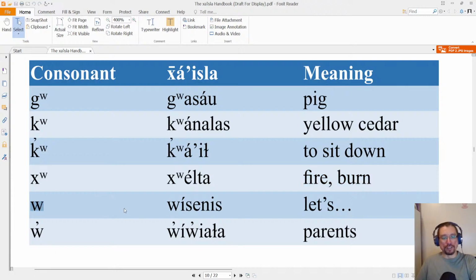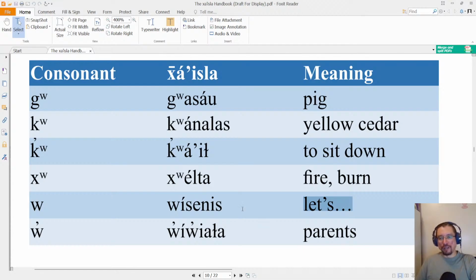Then we have a regular W, just sounds like the W in English. And the example we have here is xa'isla. That means let's, and then there's a kind of a blank there. So you have to fill it in with something.